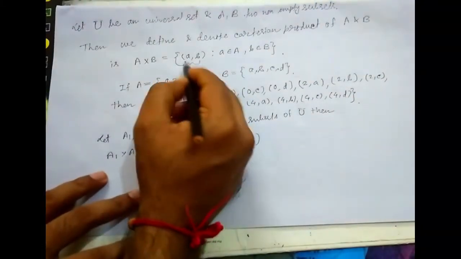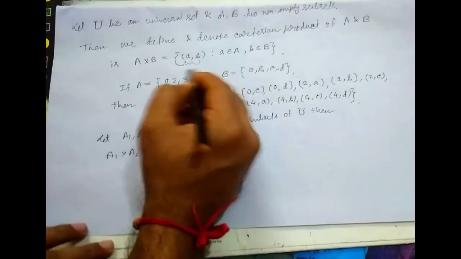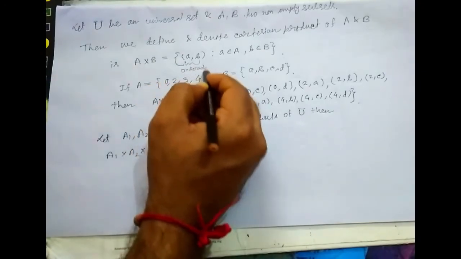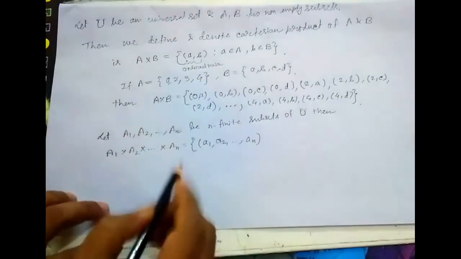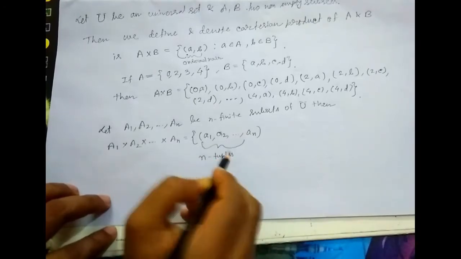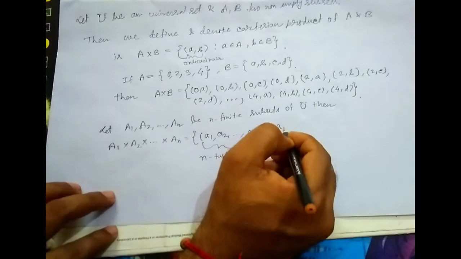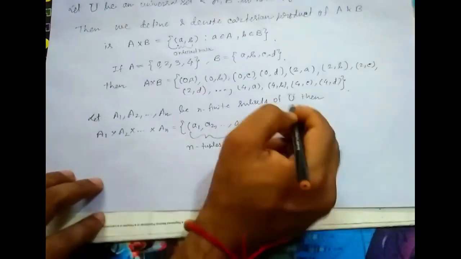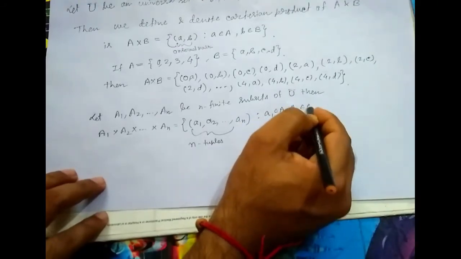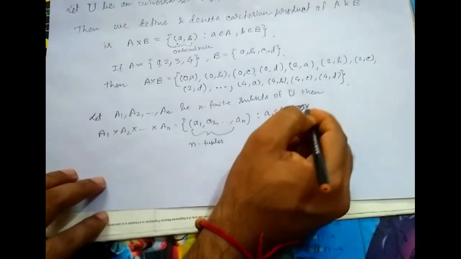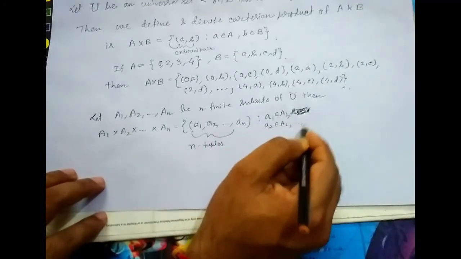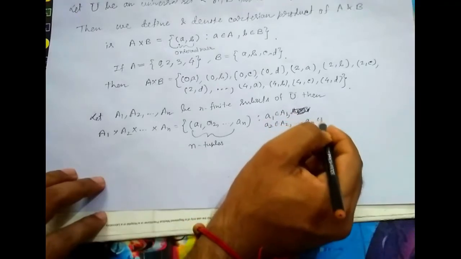Also this is called two tuples, but we call this ordered pair, and this is called n tuples, such that a1 belongs to A1. Okay, a2 belongs to A2, sorry, and an belongs to An.